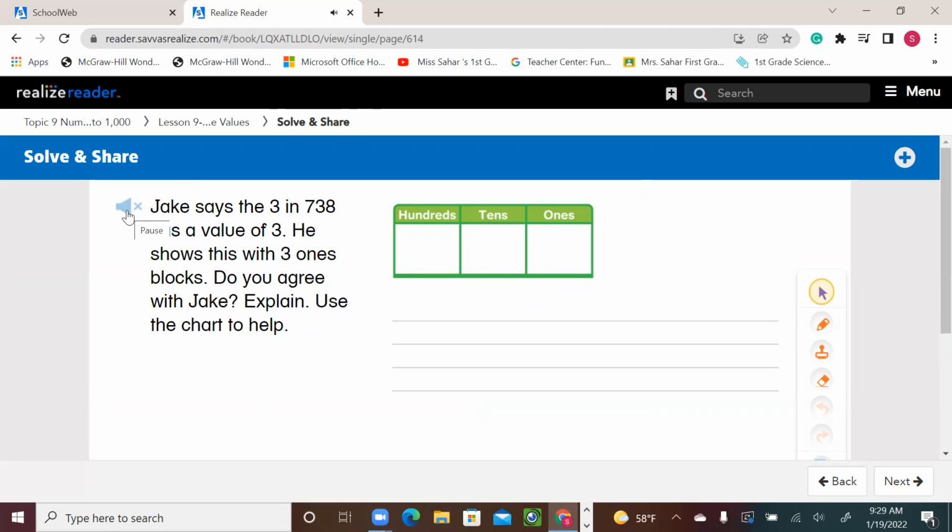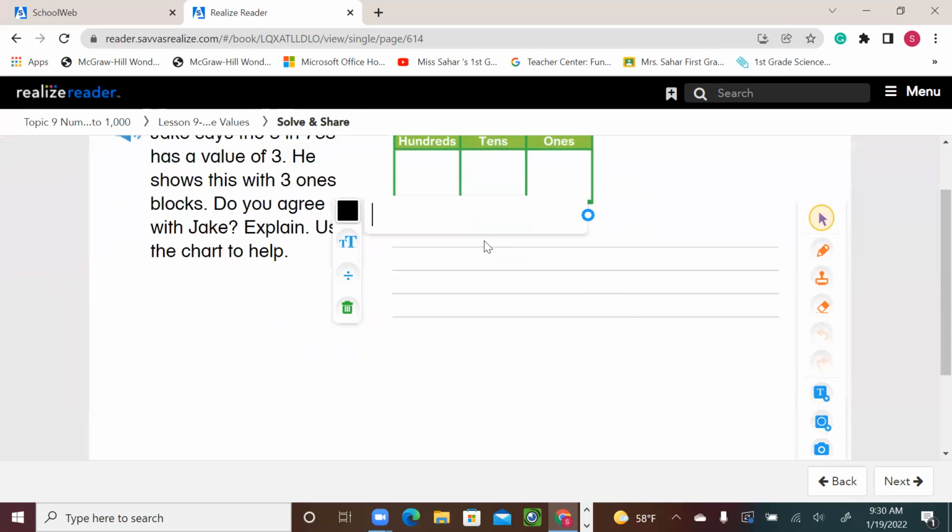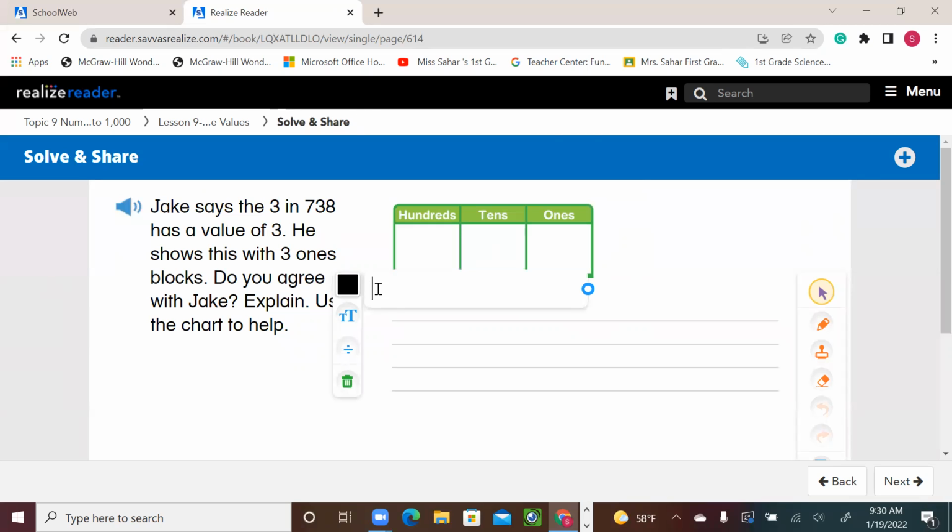Jake says the 3 in 738 has a value of 3. He shows this with 3 ones blocks. Do you agree with Jake? Explain. Use the chart to help. All right, so I know that this is the number I have. So let's break it down and put each number in the right place with its value. So 700, that means I have 700 over here.